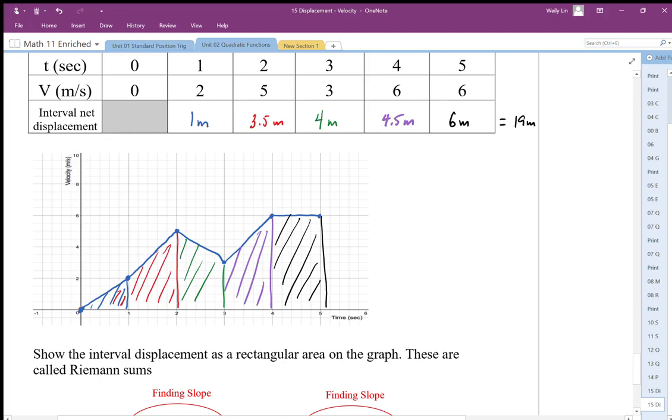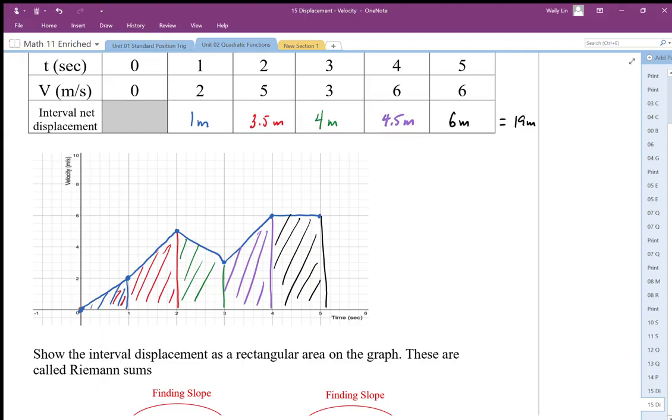But when we get to calculus, as long as we can calculate an idea of what the displacement is, the error that our shapes generate is not going to be significant, because we're going to end up using smaller and smaller interval widths.